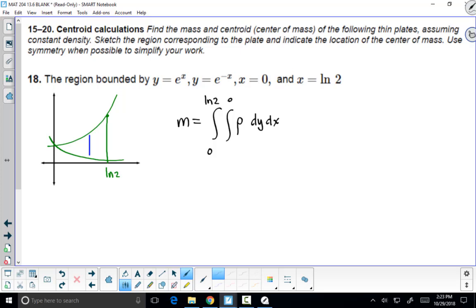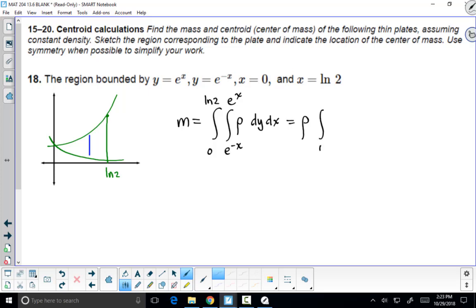Yep, e to the x on top. So from decay to growth. And then we're going to assume in this case that rho is constant. And what will happen is that it's going to divide away in the end when we find our moment, when we want to find our center of mass. We'll see that it's just going to vanish. We'll just leave it there for now.